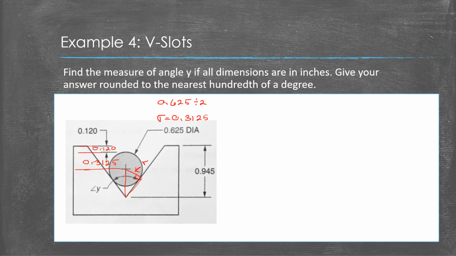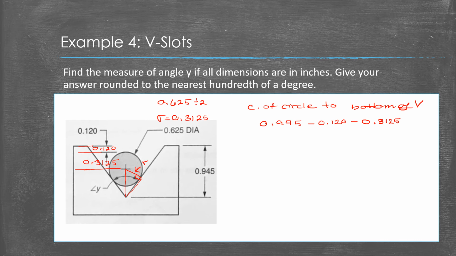So the distance from center of circle to bottom of V is going to be equal to 0.945 minus the distance to the top of the circle, which is 0.120, minus 0.3125.